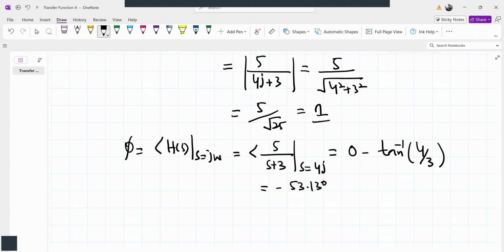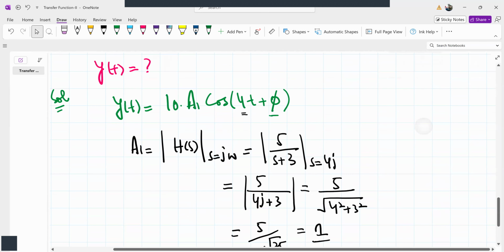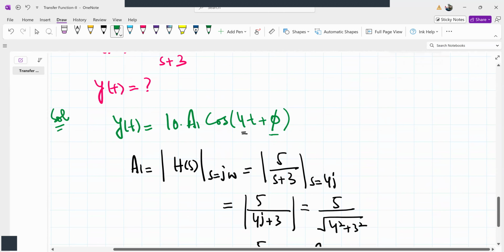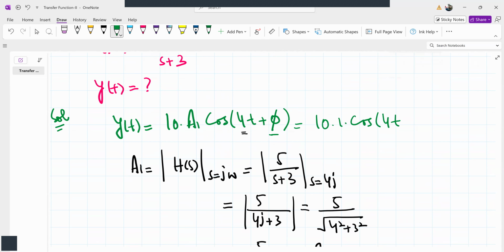So A1 is 1, phase is this. So substituting A1 and phase here, we'll get the answer. So 10, A1 is 1, cosine of 4t, phase is minus 53.13 degrees.